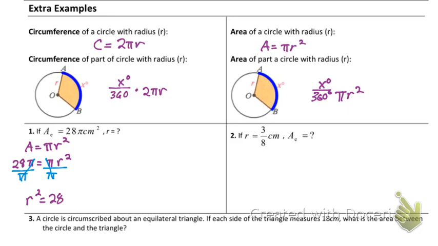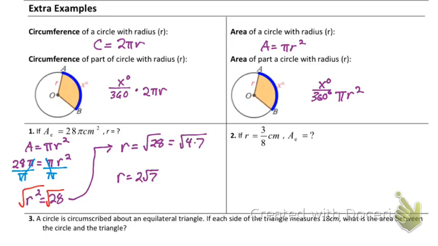We're going to have r equals the square root of 28. What can I simplify that to? It'd be 2 radical 7, correct. So r is going to end up being 2 radical 7. You can break down 28 into square root of 4 times 7, which equals 2 radical 7.